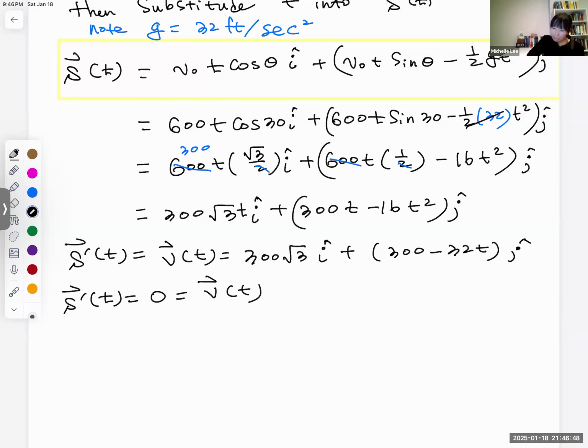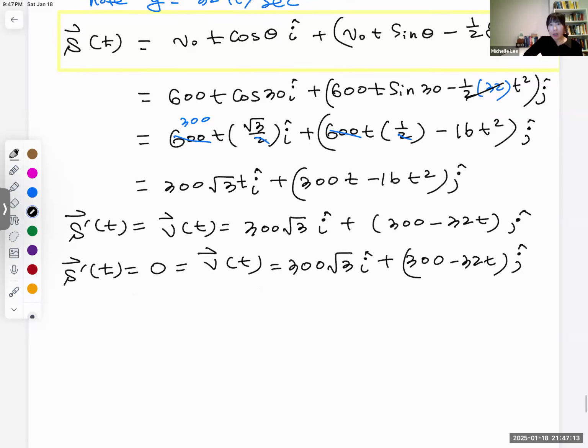So there will be 300 square root of 3 i hat plus 300 minus 32t. I could not see the t earlier. j, right? Okay. Look, we want to know only the vertical distance because it's the maximum height, right?